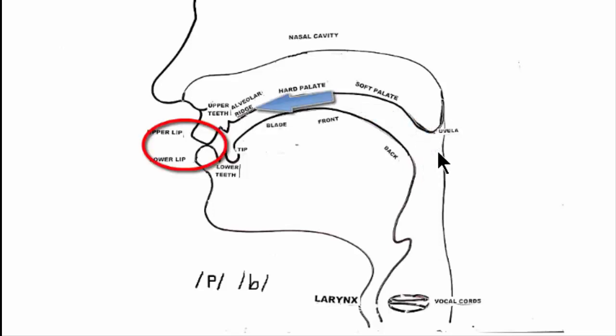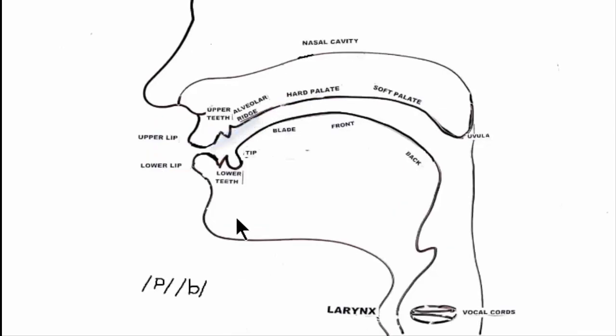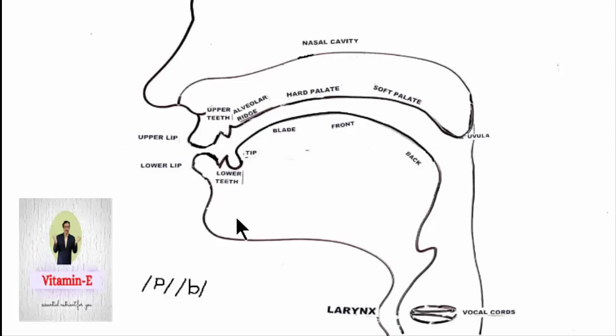It starts moving in the oral cavity, but in this circle you can see that the lower lip is touching the upper lip, making a firm contact, which causes the air to block in this passage. This air is released only when these lips get separated, and the air is released with an explosion, and so these sounds are termed as bilabial plosives.